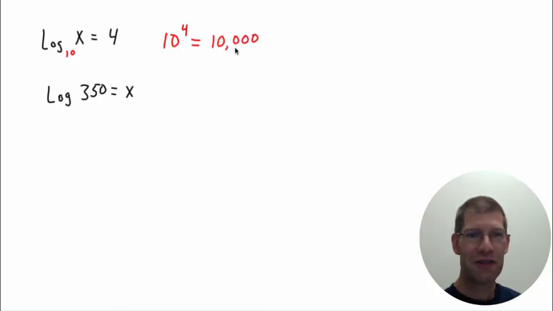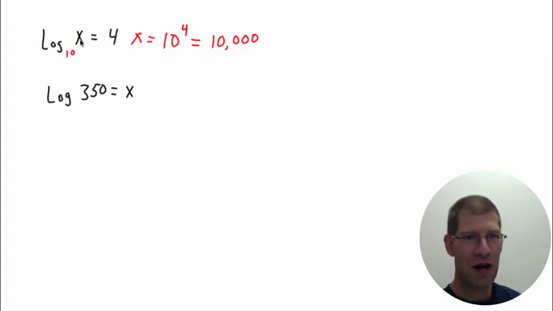So 10,000 is the answer, because you have 10 to the 4th equals x. That's what I was saying in the notes before, is that if you have to do this over and over, you just need to program your brain to say this to this power equals that, this to this power equals that. That's the key to changing it from a logarithm to an exponent.